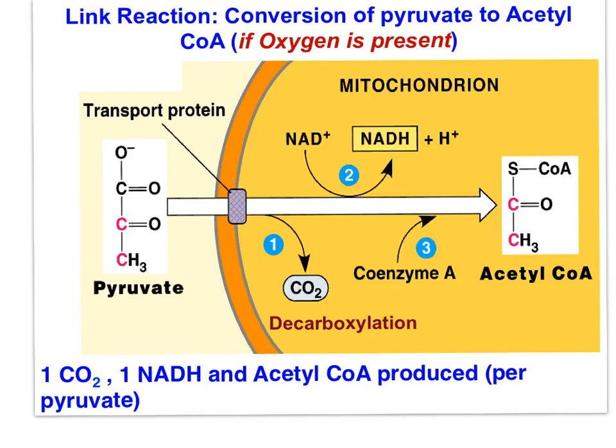So returning to this diagram, here is decarboxylation, here is oxidation reduction. The acetyl compound is oxidized while the NAD plus is reduced to NADH. NADH is a coenzyme that carries electrons held in energetic positions to the electron transport system.